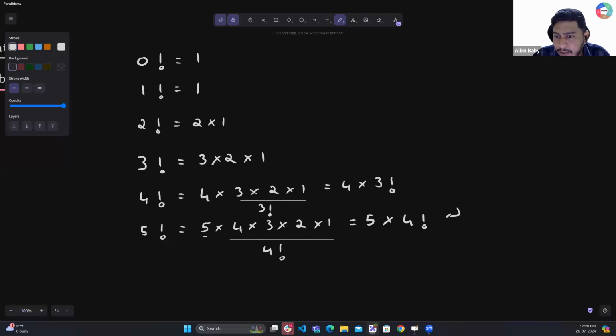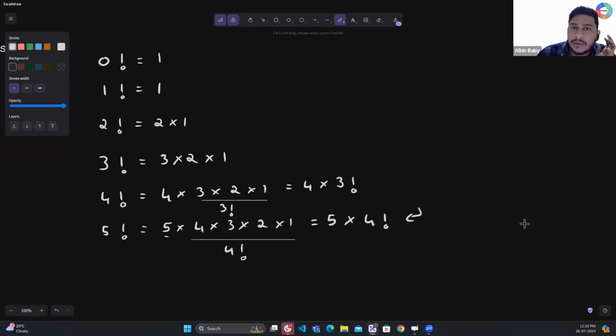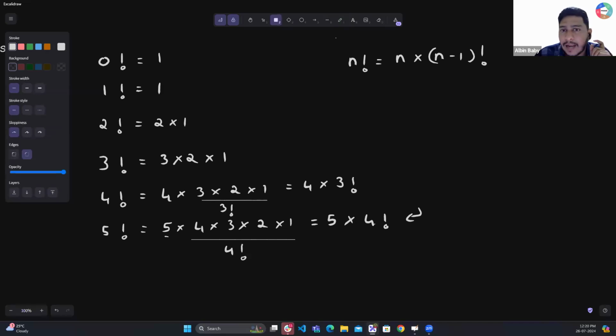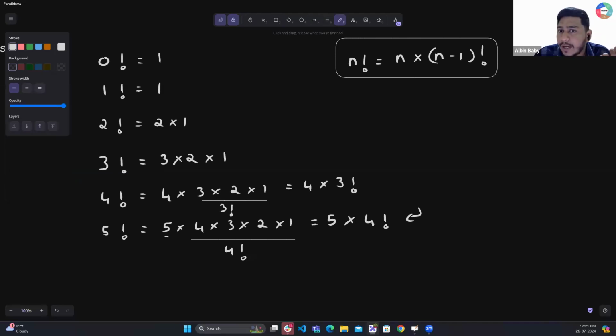So the important formula: if you want to calculate n factorial, it is n into (n minus 1) factorial. You need to remember this, as you'll have to apply it in questions related to factorial. Got it? Clear? Any doubts?